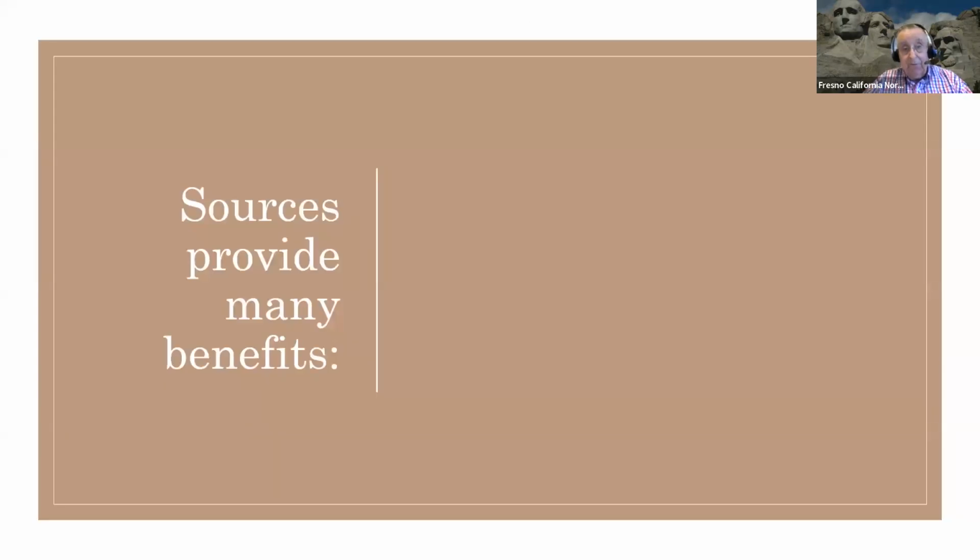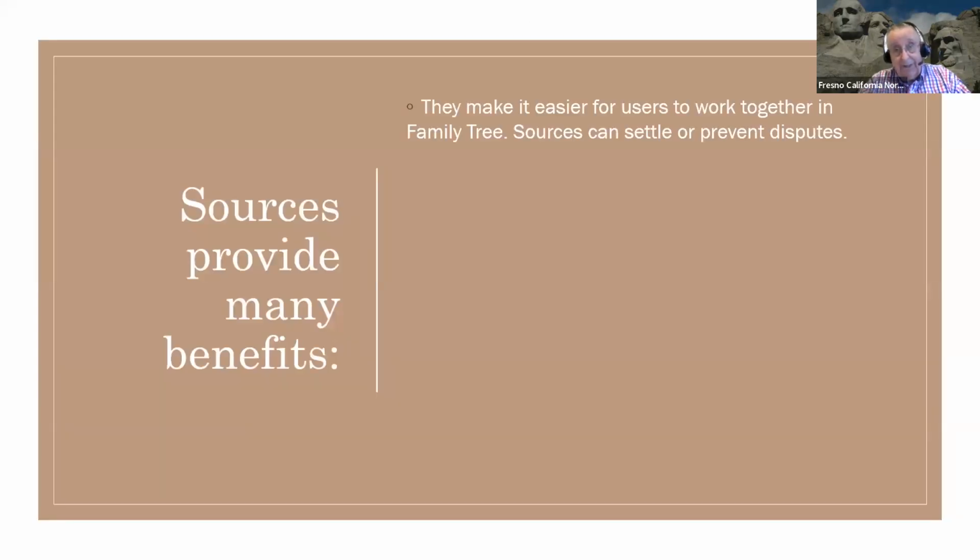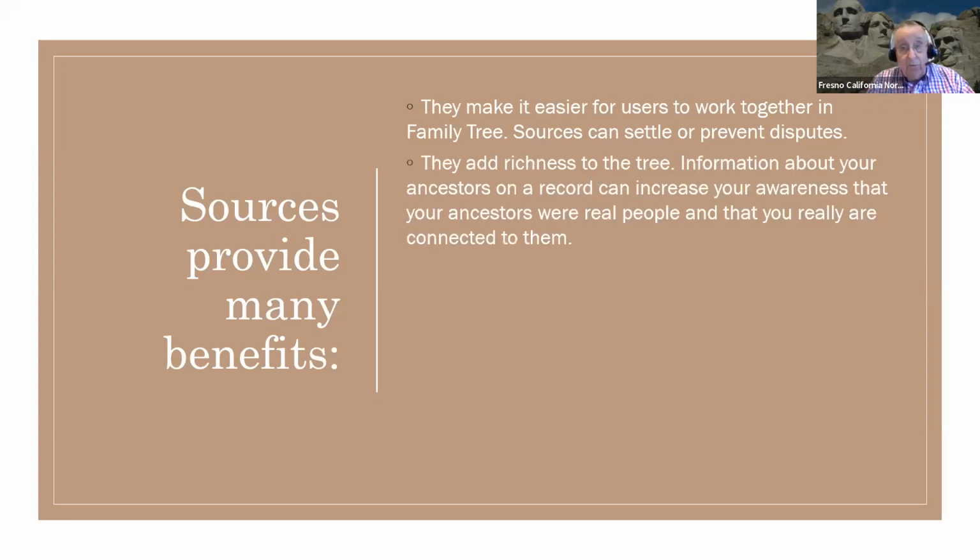Okay, sources provide many benefits. And these are kind of general statements. Sometimes the opposite can occur. But in general, they make it easier for users to work together in family trees because the sources can settle or prevent disputes, hopefully. They add richness to the tree.